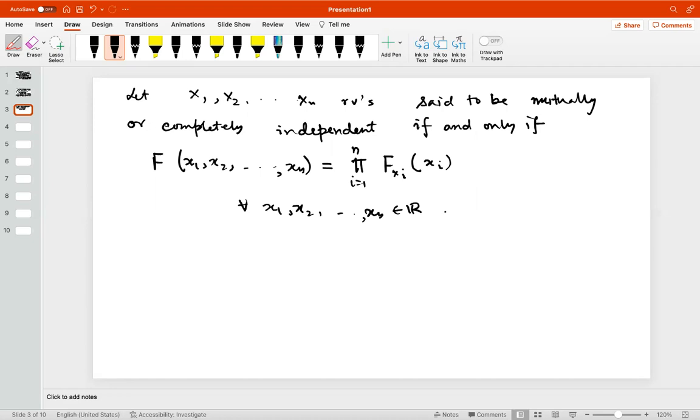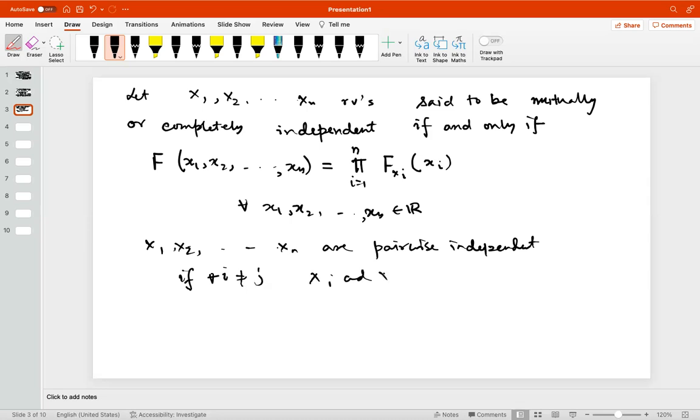And what is called pairwise is that every pair is independent. X1, X2, up to Xn are called pairwise independent if for all i not equal to j, Xi and Xj are independent.